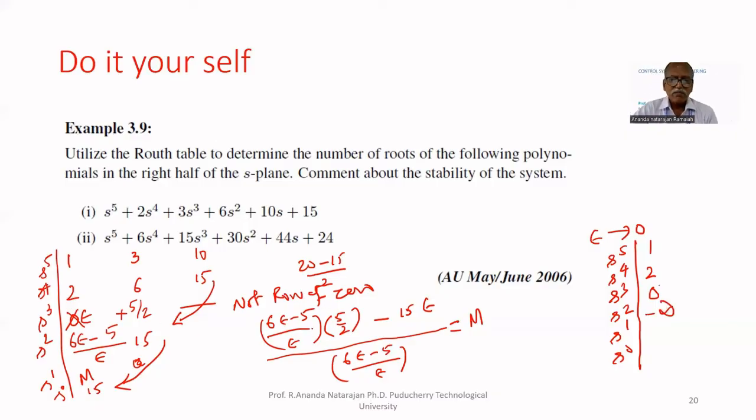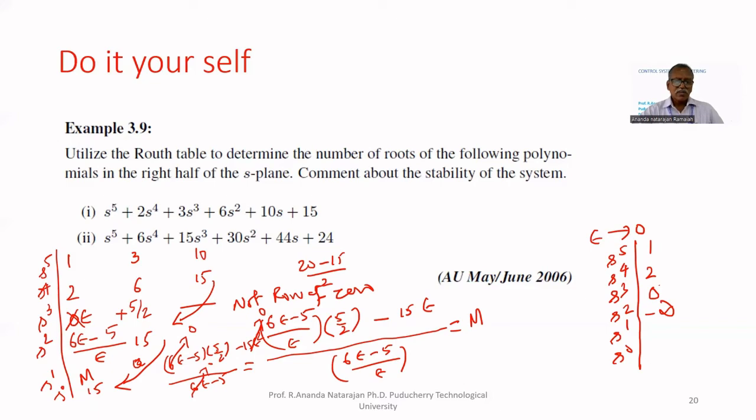Then for m, if you substitute, it becomes what? Taking epsilon LCM, epsilon getting cancelled, you will get 6 epsilon minus 5 multiplied by 5 by 2 minus 15 epsilon square, whole divided by 6 epsilon minus 5. Epsilon tends to 0 means this becomes 0, this also becomes 0.